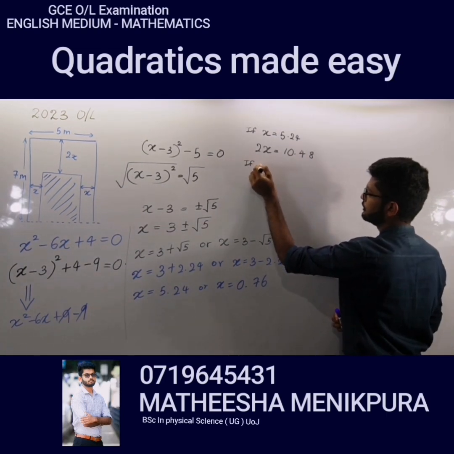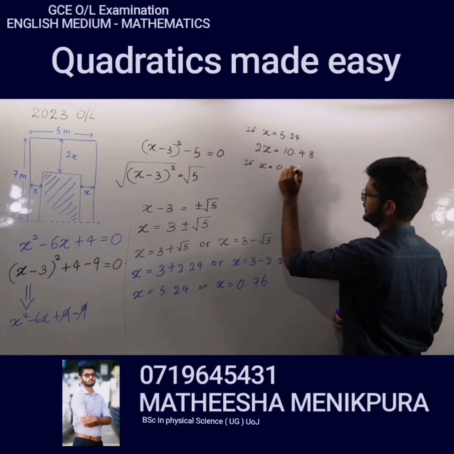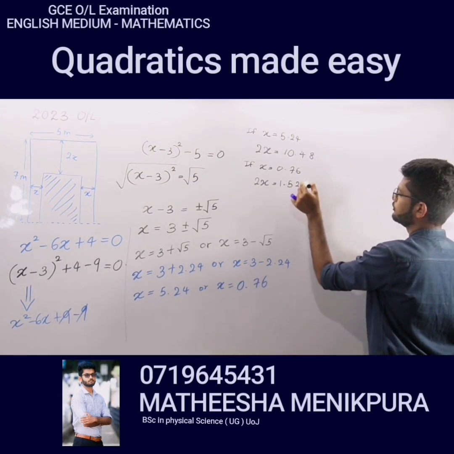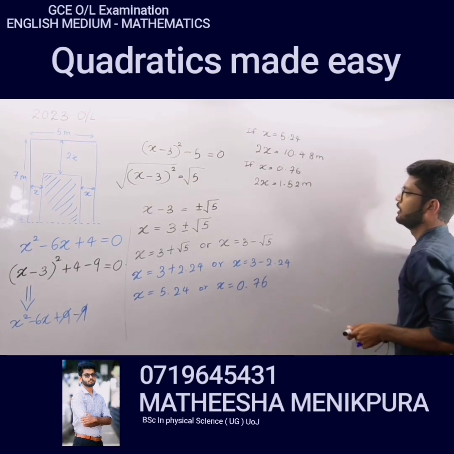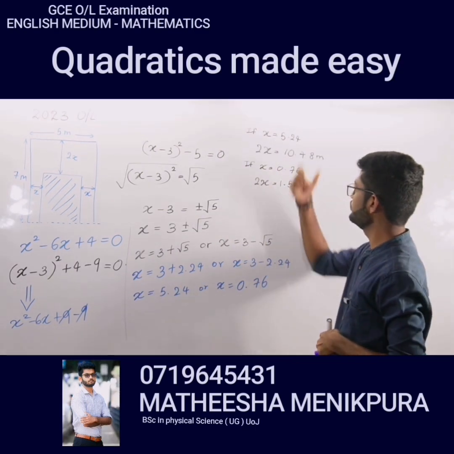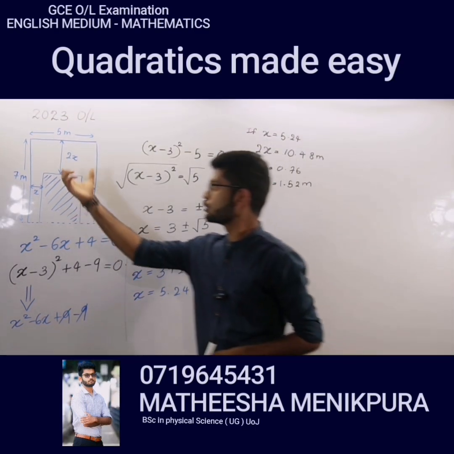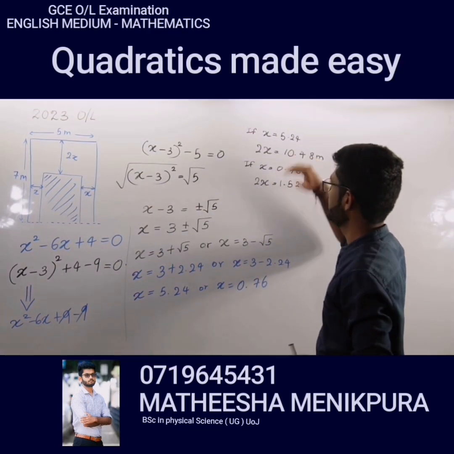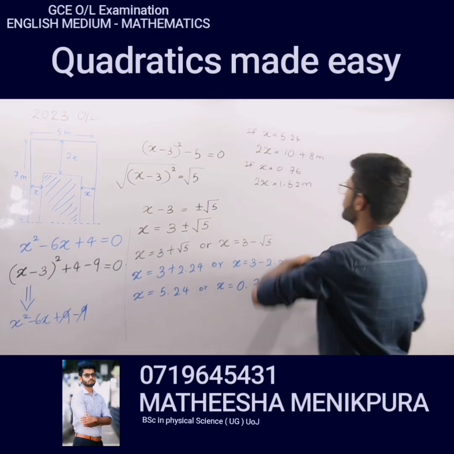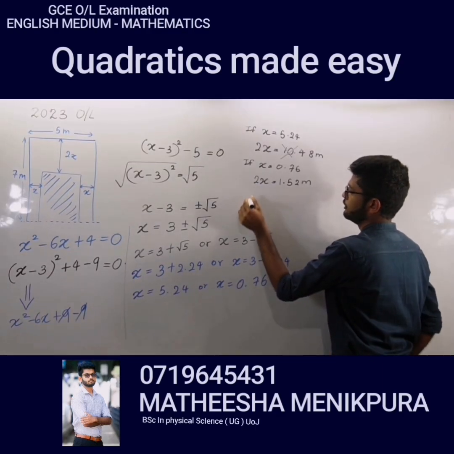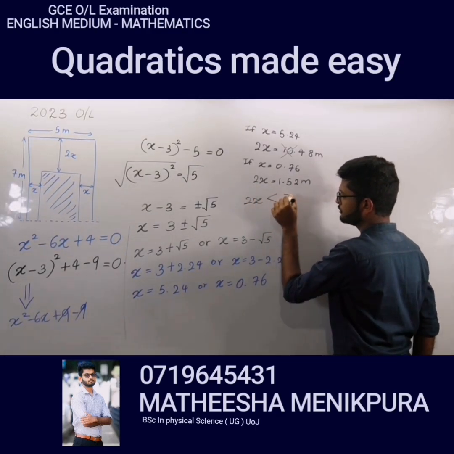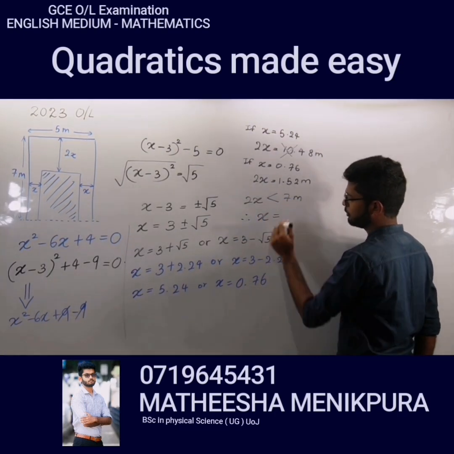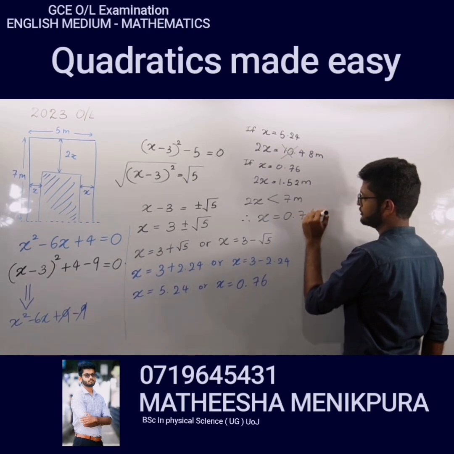If x is 0.76, 2x is 1.52 meters. Now if we take this value for x, 2x will be 10.48, but 2x should be smaller than 7 meters. That one is bigger than 7, so we can't take it. 2x should be smaller than 7 meters, therefore x should be 0.76 meters.